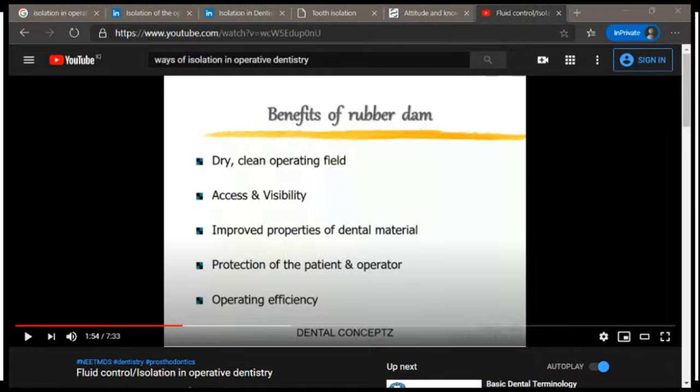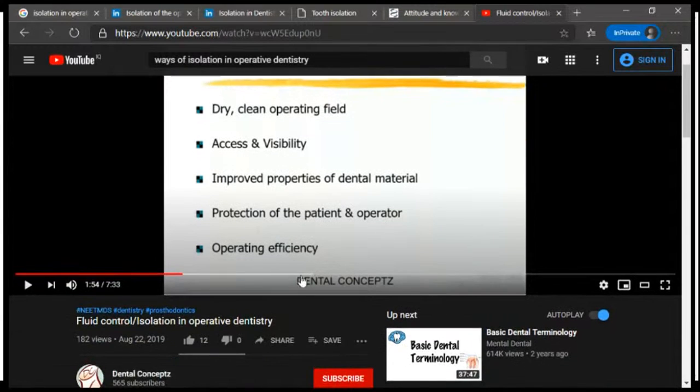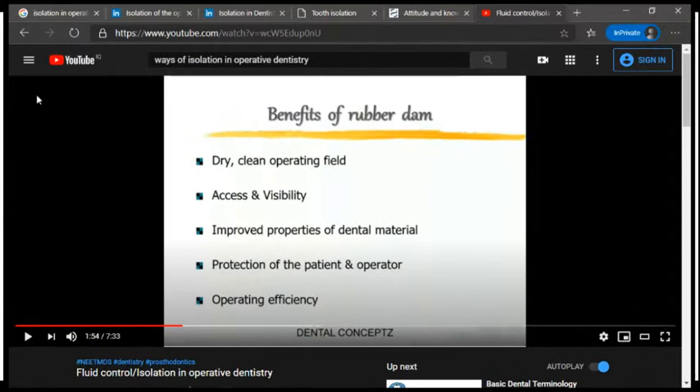We can write it down as: dry operative clean field, access and visibility, improved properties for dental materials, protection for evaluation, operational efficiency. We can take a picture of this and use it later if we want.